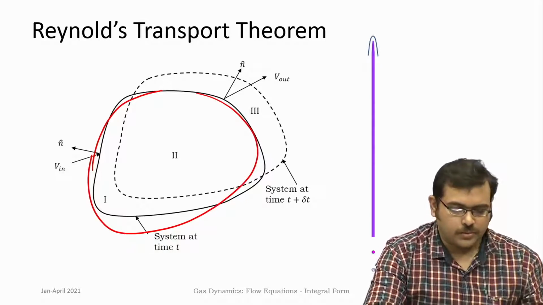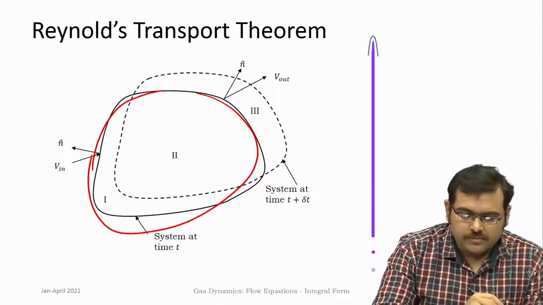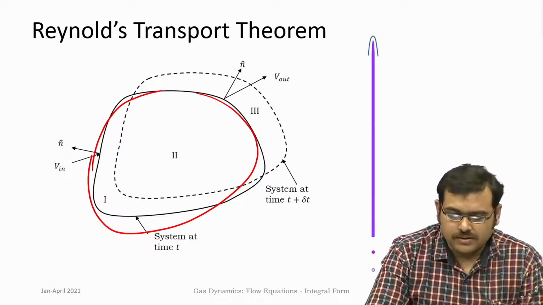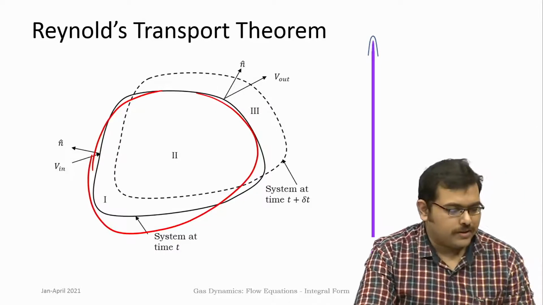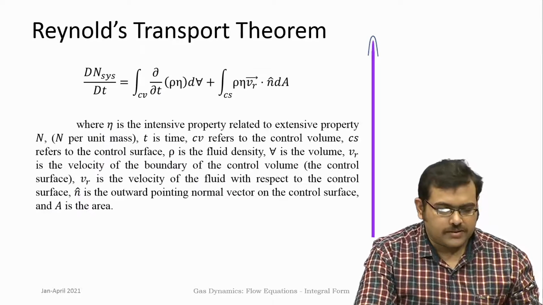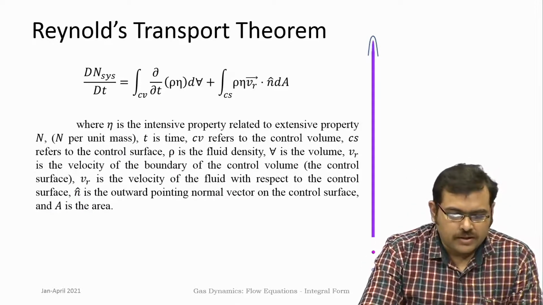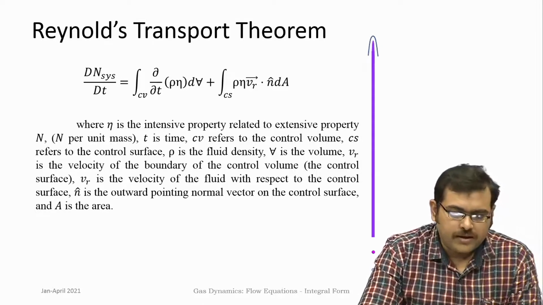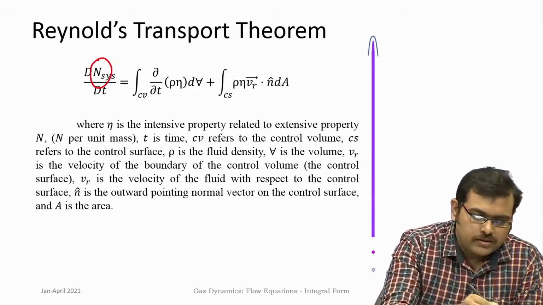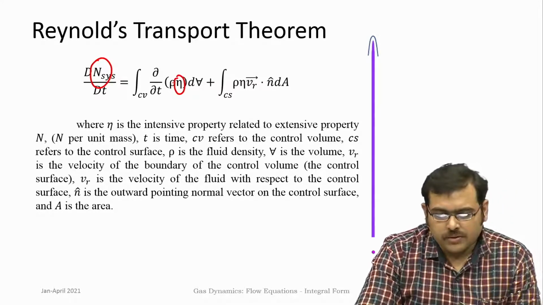Once the control volume is defined, the system changes with time. So you are looking at this control volume and looking at how the system changes with respect to time. So N is any property of the system, and that is a total property, while eta represented here is per unit mass.